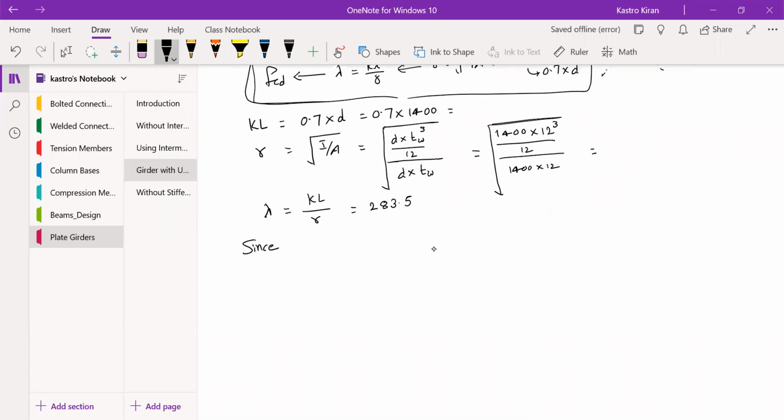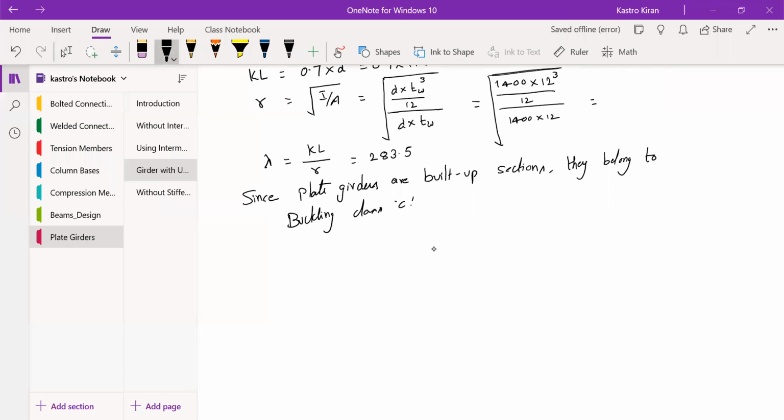Since plate girders are built up sections, because you are using some additional members, that is the end stiffener or end bearing stiffener, they belong to buckling class C. So when they belong to buckling class C, you have to use table 9C of IS 800/2007, and then for lambda equals 283.5, you have to find out the value of FCD.